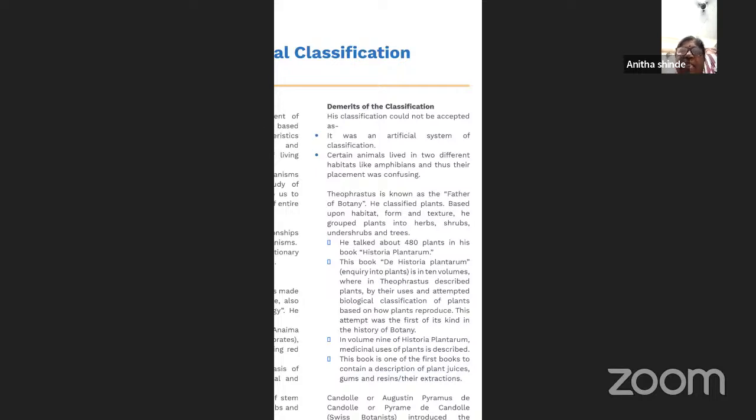But certain animals, like the amphibians, for example, some live in the water and some live on the land. If you take this into consideration, you cannot accept his classification. So that is how his classification was disregarded.